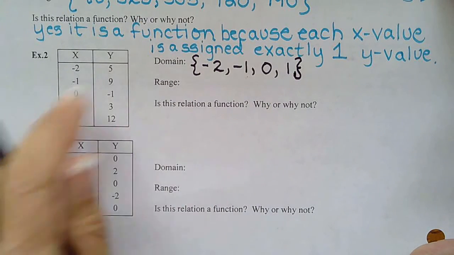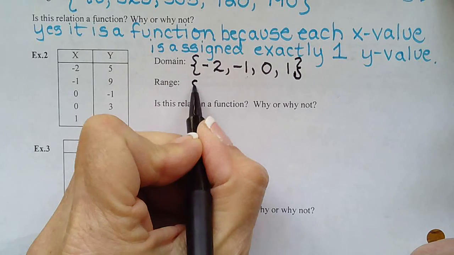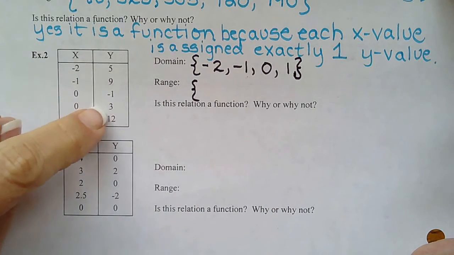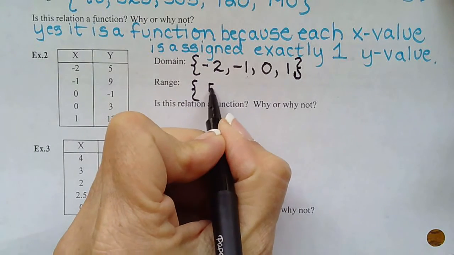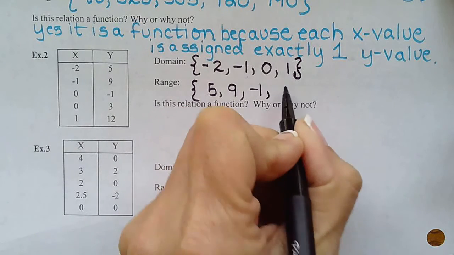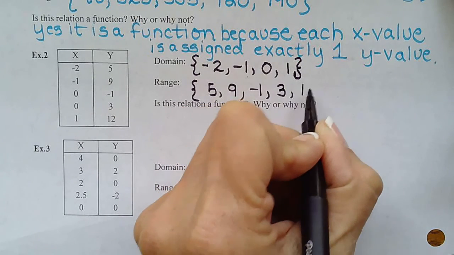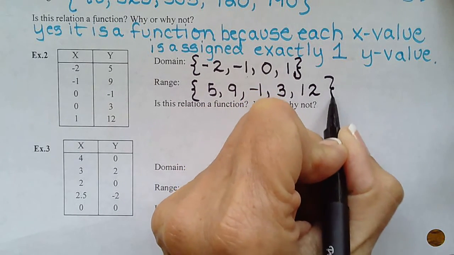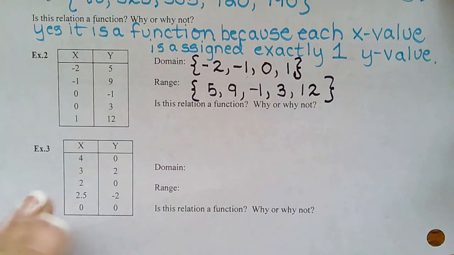Y values. Are any of them repeated? 5, 9, nope. So just list them as is. 5, 9, -1, 3, and 12. And again, I just use the order that's there.